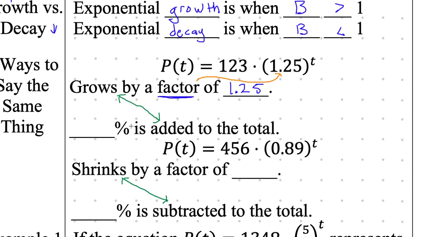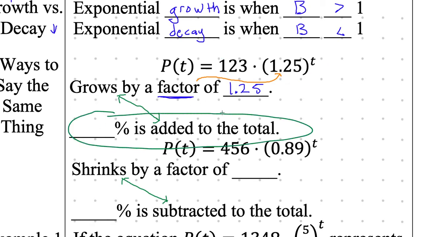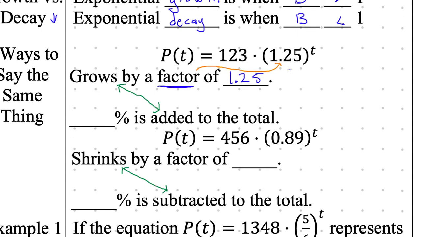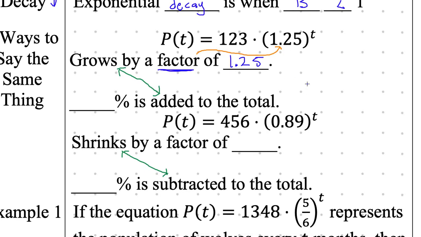So what percent is being added to the total in this case? Whenever you have something dealing with words like add or subtract, or anything that remotely means that, we always need to compare this to 1. And I feel like I just lost some of you. So compared to 1, what do I mean by that?